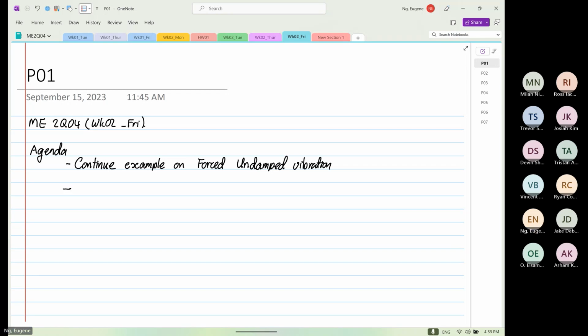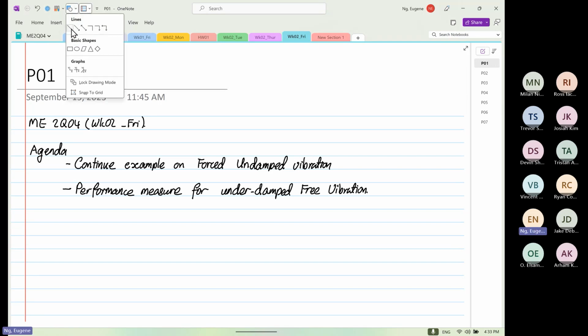Then after that, we are going to go into performance measure for underdamped free vibration. Okay, we are going to look at performance measure for underdamped free vibration.